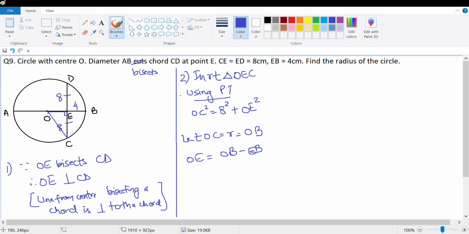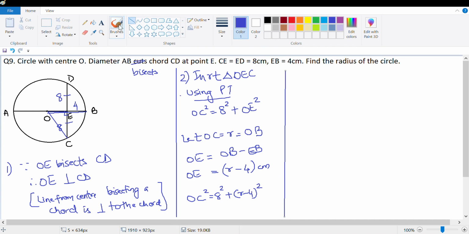OE is equal to the big length OB minus EB, which means OB we've taken as R and EB we've taken as 4. So OE is equal to R minus 4 centimeter, which means let's put this in the formula. OC square is equal to 8 square plus R minus 4 square.